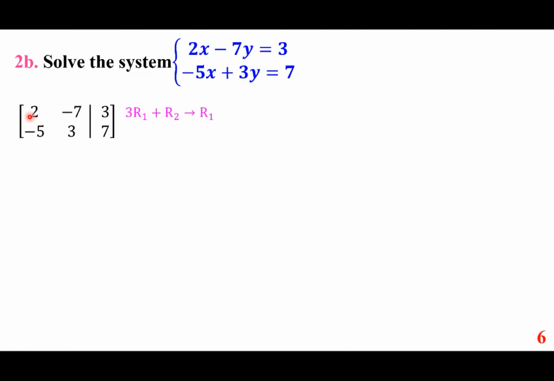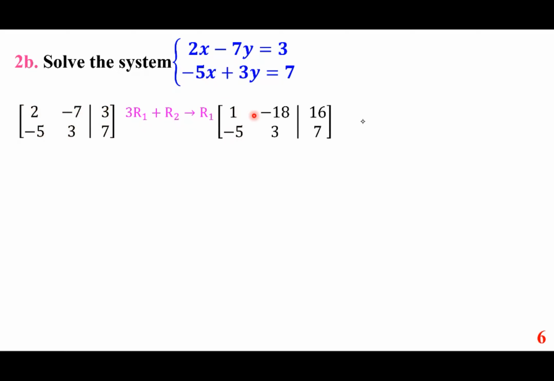So 3 times 2 is 6 and -5, so that entry becomes 1. If you multiply this one by 3, -21 and 3 is -18. And if you multiply this one by 3, you get 9 and 7, 16. So this is 1. You want to change this to 0.